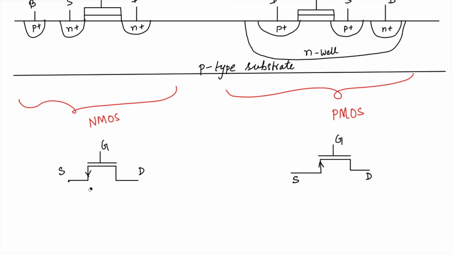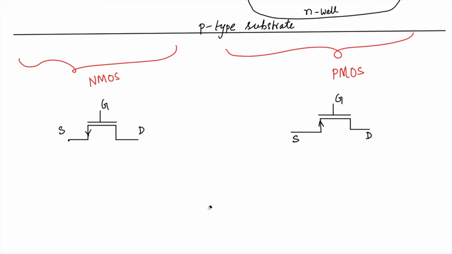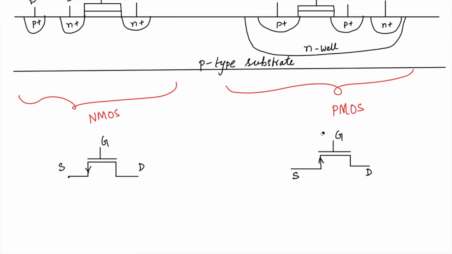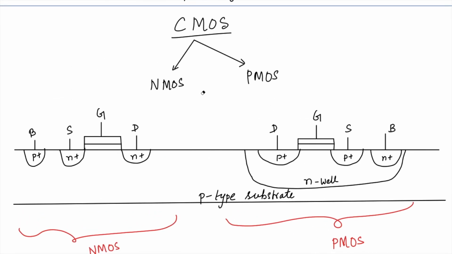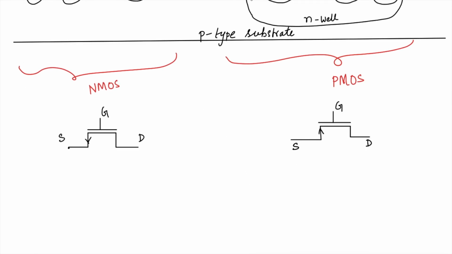Now why can we say that these two have a complementary operation? Why is this called CMOS technology? Because if I consider any MOSFET, whether it may be PMOS or NMOS, suppose I put both of them to the ground, and I want to form a channel.